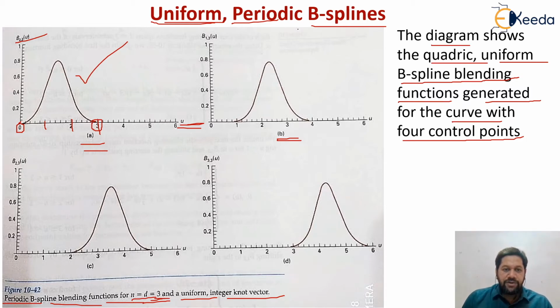But my starting function value changes. Suppose the blending function starts from 1 comma 3. You can find here the starting point is 1 and the number of sub intervals is 3, and it will end at the value 4. Similarly here I have the blending function 2 comma 3, so the k value will be 2. It will start from 2, with the number of intervals being 3, so this is 1, 2 and 3.